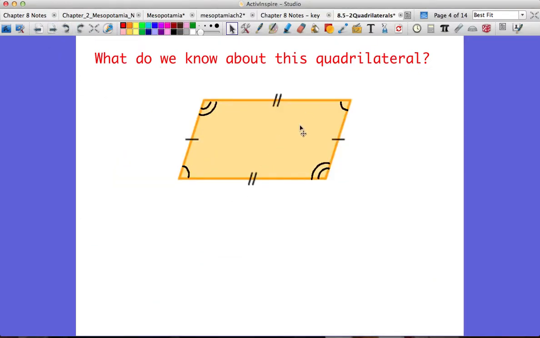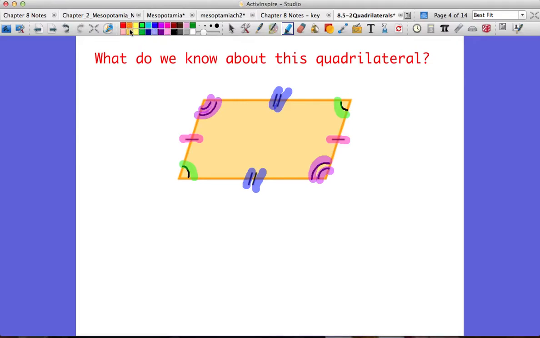Right, the next thing, what do we know about this quadrilateral? It does have four sides, so it is a quadrilateral. However, in this case, we know that this side is congruent to this side, and that this side is congruent to this side. We also know that this angle is congruent to this angle, and that this angle is congruent to this angle.